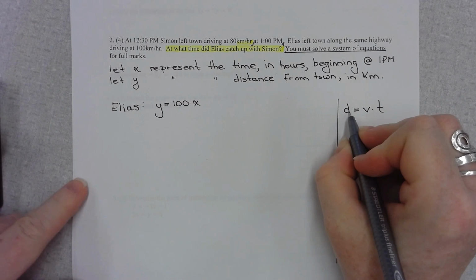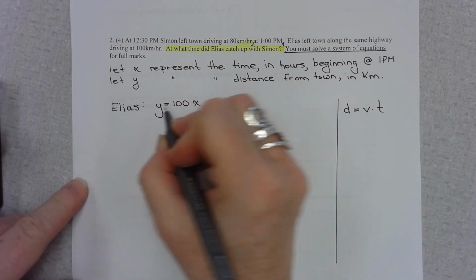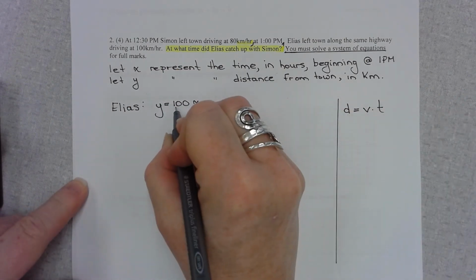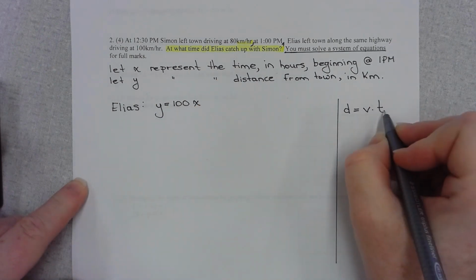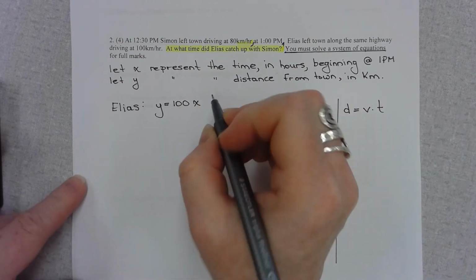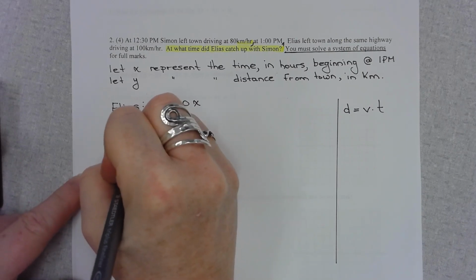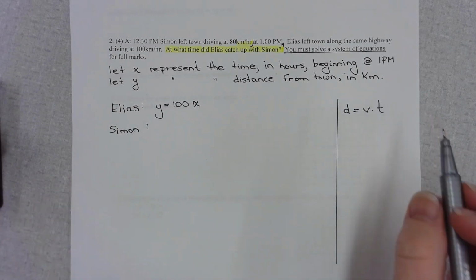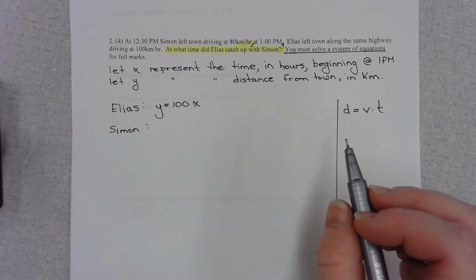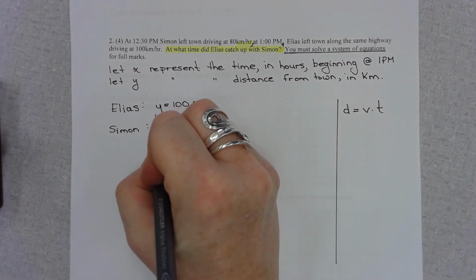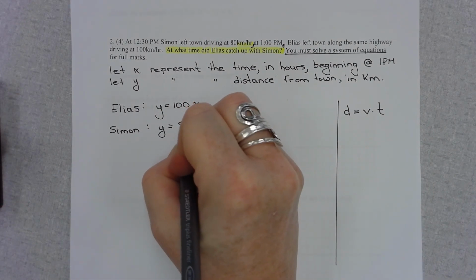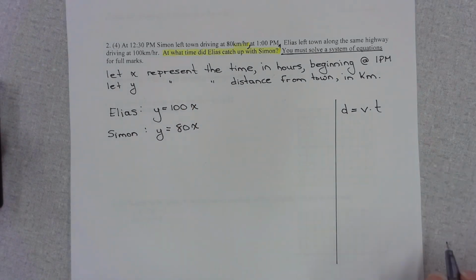In this case, distance is represented by y, speed is represented by the 100 kilometers an hour, and time is represented by x. Now I need to set up Simon's equation. Again, distance is speed times time. So y is going to equal 80x.